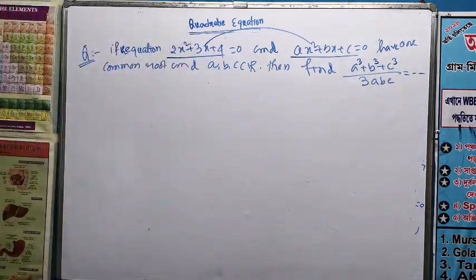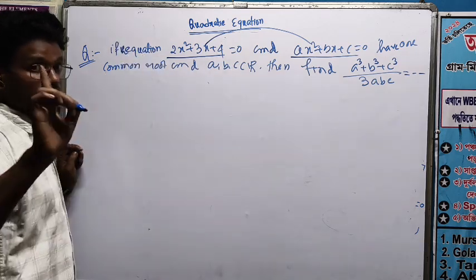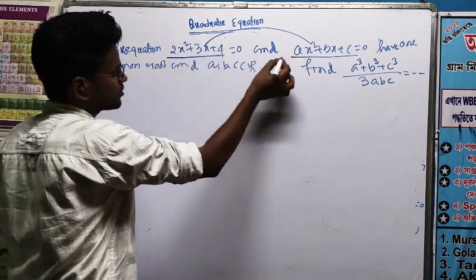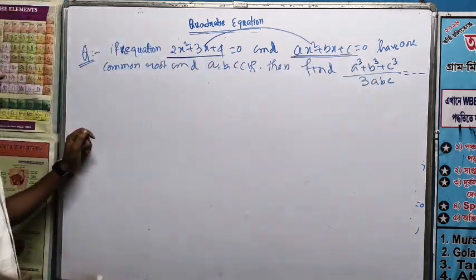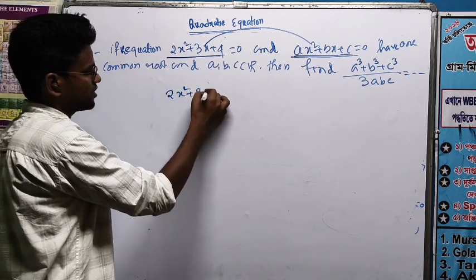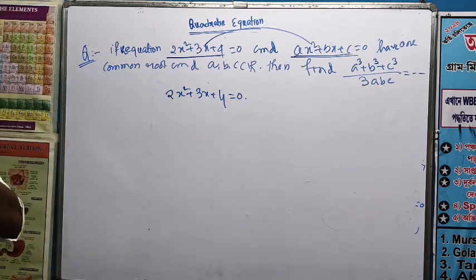At first, the question says that the two equations have only one common root. The first equation is 2x square plus 3x plus 4 is equal to 0.